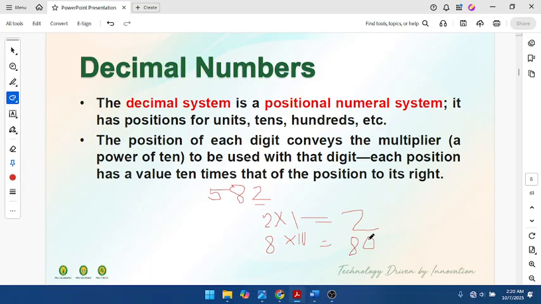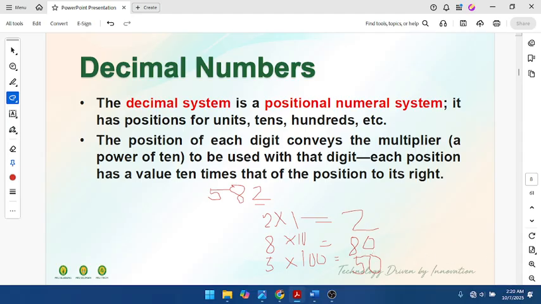Now the last position is 5. It is 10 times greater than the tens place, making it 10 to the power of 2. So we have 5 times 100, which equals 500.